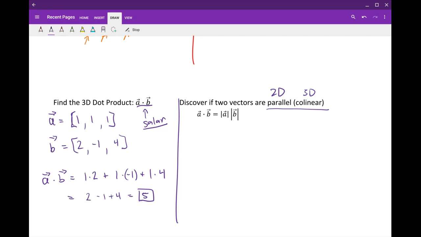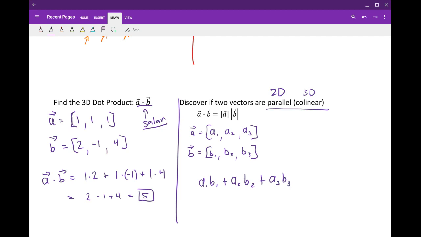So basically, if I've got a vector A, which is A1, A2, A3, and I've got a vector B, which is B1, B2, and B3, A dot B is A1B1 plus A2B2 plus A3B3.